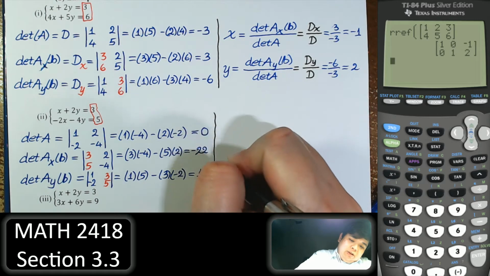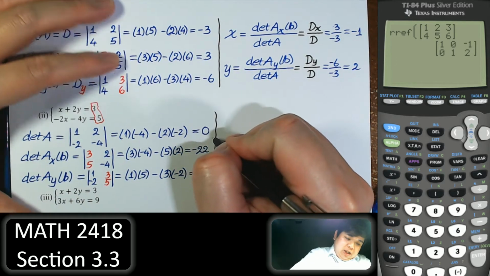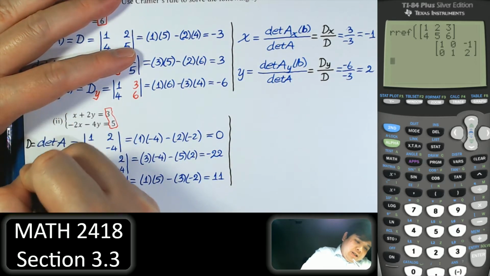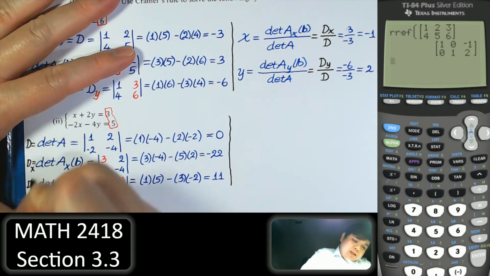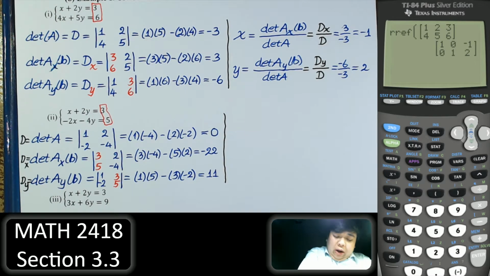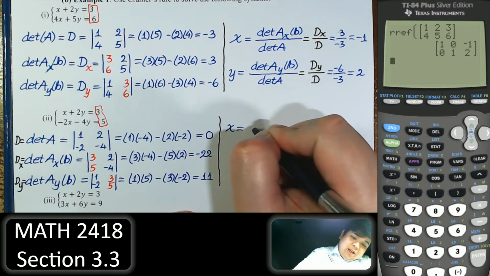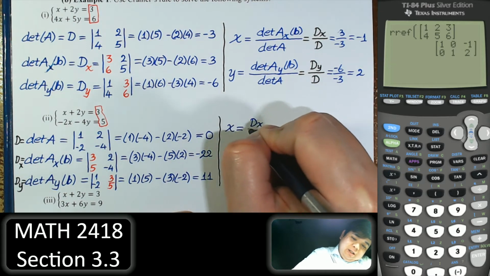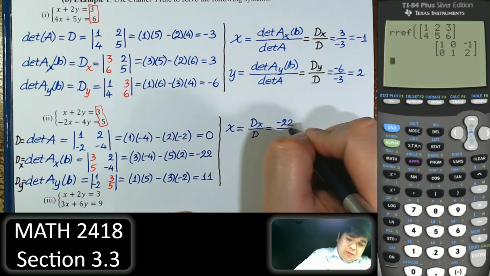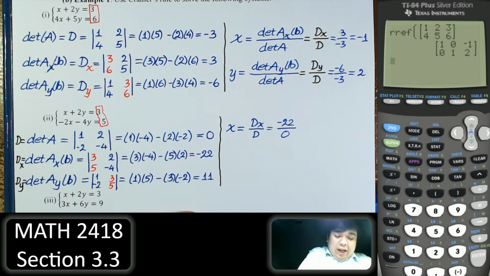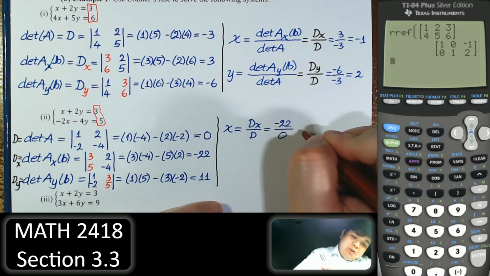Now, of course, we say this is dx, and dy. Now, back to the solution, we say x is equal to dx over d. Well, that of course by itself is undefined and therefore no solution.